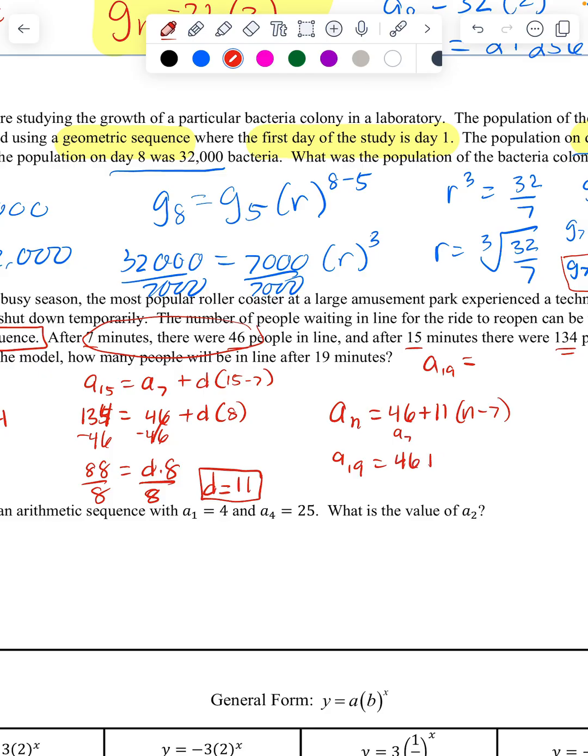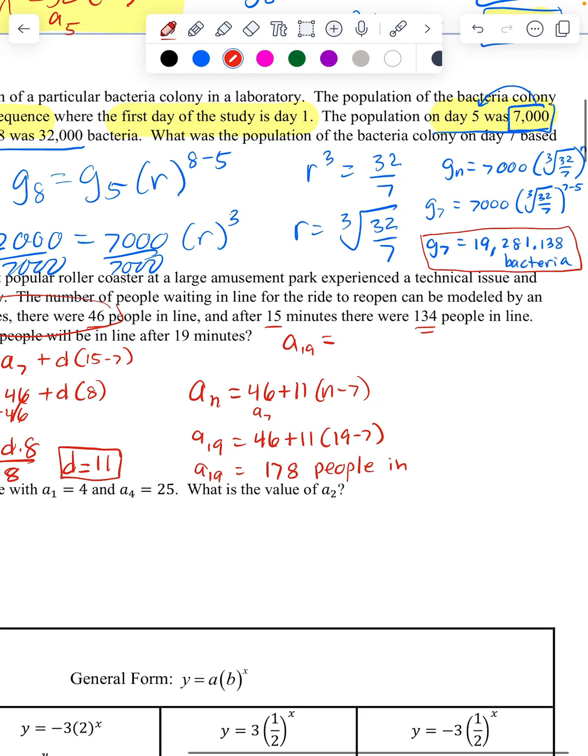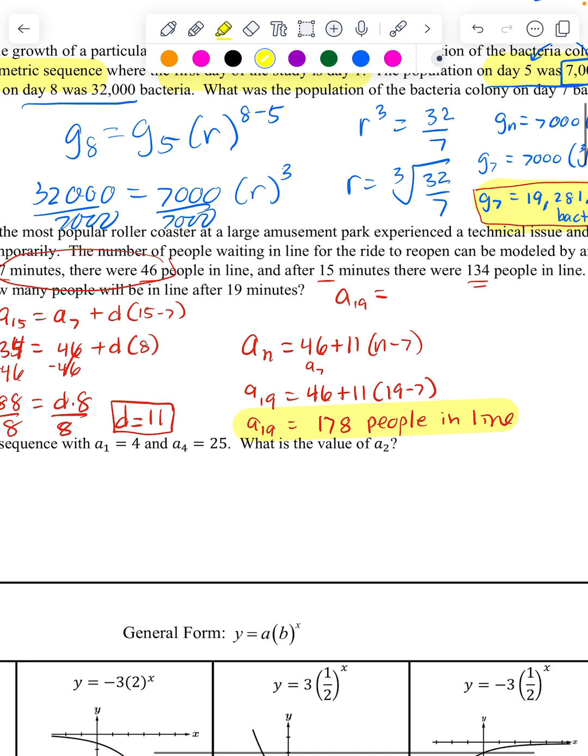So 46 plus 11, and then the 19 goes in here. I'm going to use a little bit of math magic called a calculator. And I have 178, and this is people in line. So when I answer a question on something that is asking about a specific scenario, I'm going to go ahead and label it so that I know what I have 178 of in this case.